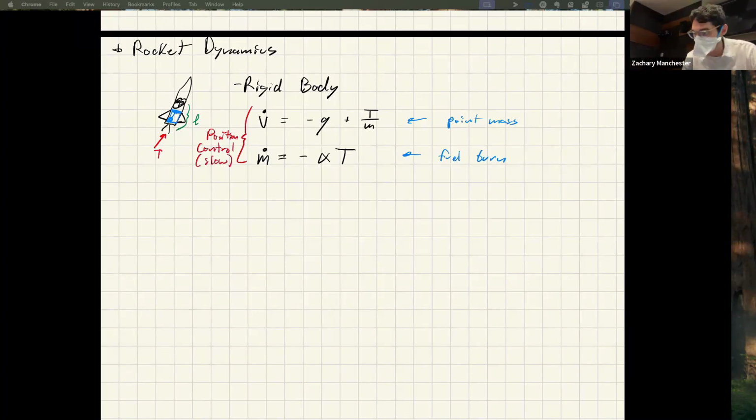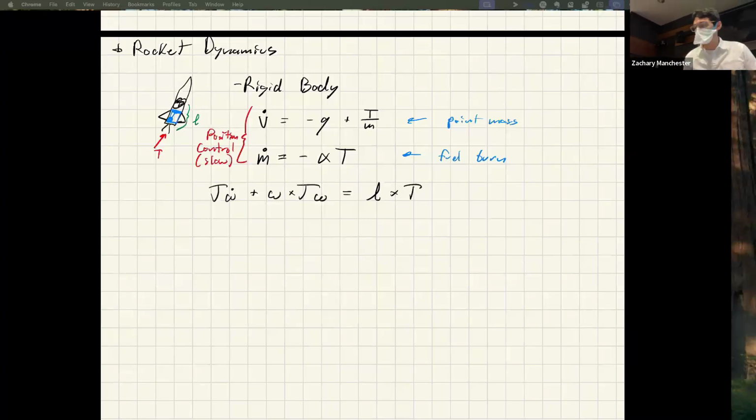And then we also have the attitude dynamics. So this is Euler's equation, which we've now seen a couple times for drone kind of stuff. And then this is L, which is the distance from the CG to the thruster, cross T, right? That gives us the torque. And these are the attitude dynamics.